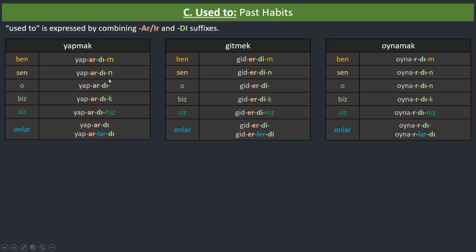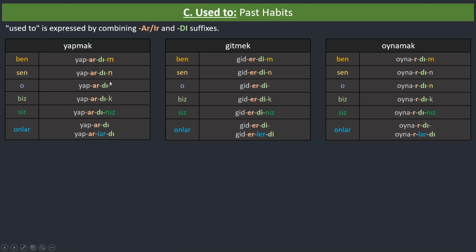Same for other pronouns: ben, sen, o, biz, siz, onlar. Each time you just change the marker. Ben yapardım, sen yapardın, o yapardı, no ending. Biz yapardık, siz yapardınız, onlar yapardı.